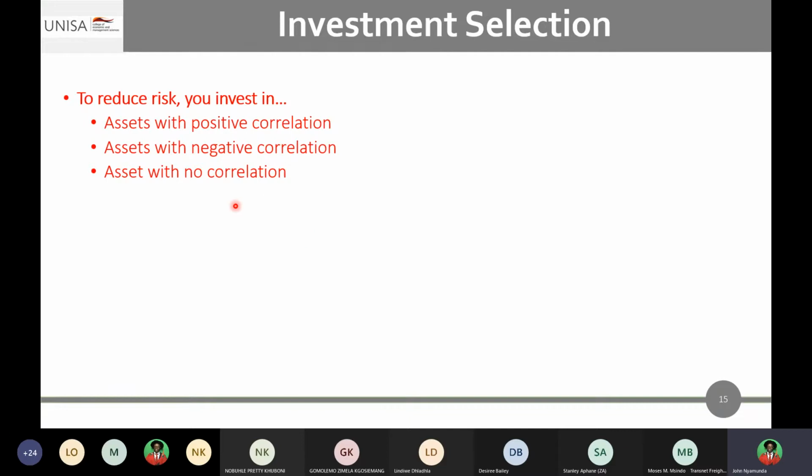To reduce risk, you invest in... Make your choice.